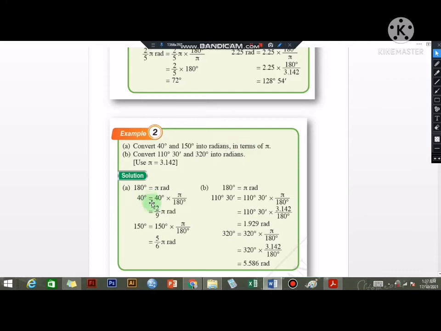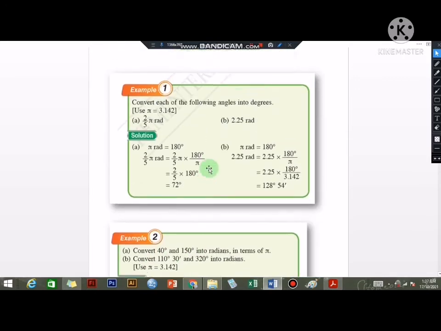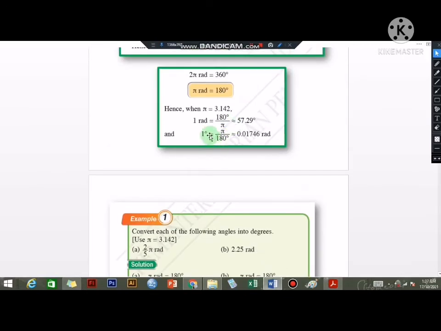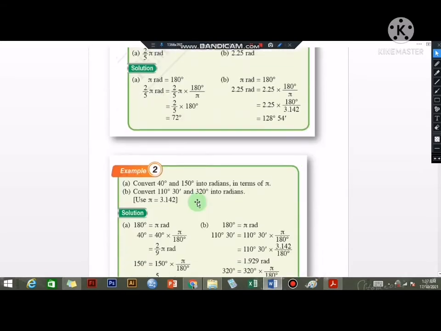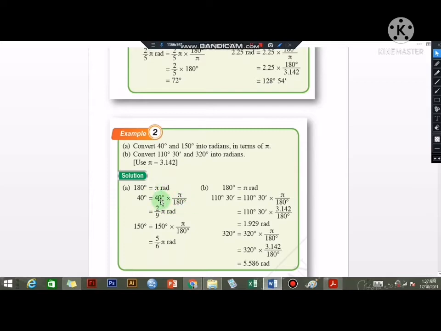So 40 degree is equal to 40 degree multiplied with, remember this one? You need to use the second formula here, from degree to radian. So you need to multiply with pi over 180 degree. You cannot substitute pi with 3.142 because the question asks you to convert into radian in terms of pi.